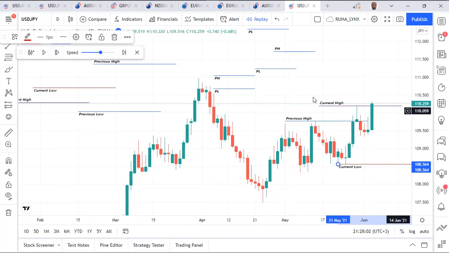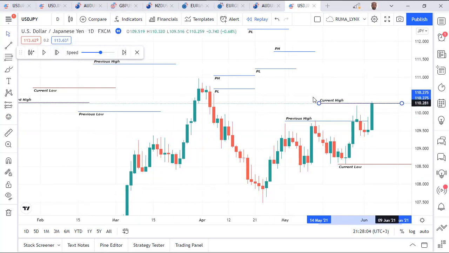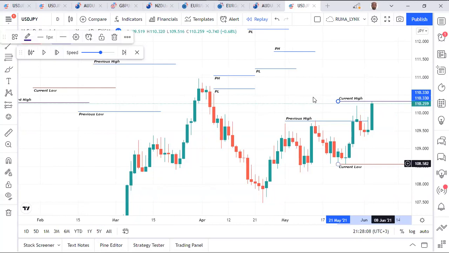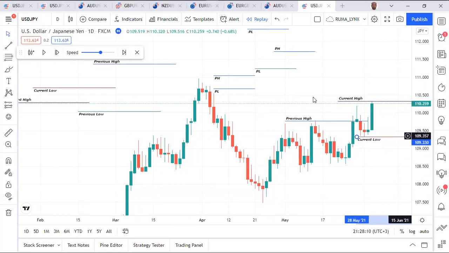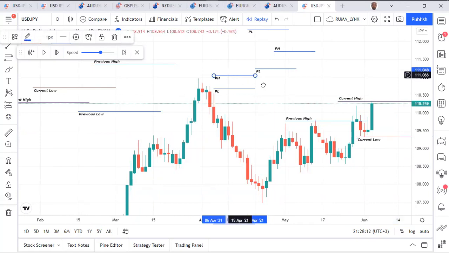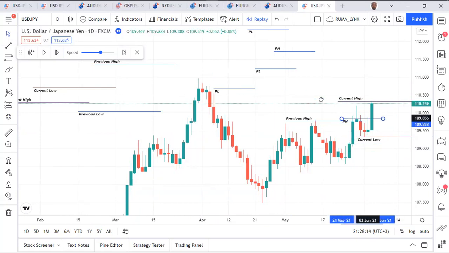Oh, it formed a new high. So we just carry on marking. So this, the highest point is all the way there. The lowest point is here. And our previous high is right here. So we will wait for the second candle to confirm whether we are still ascending.